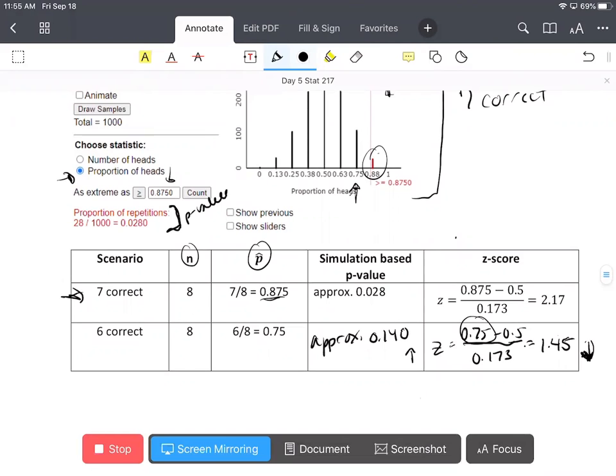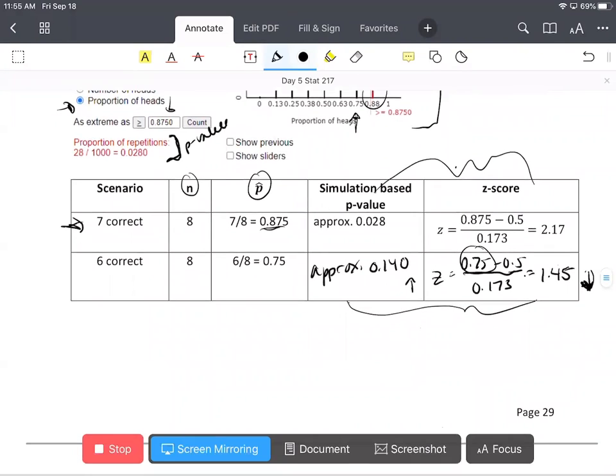So we go from having evidence when we have 7 out of 8. Now, if we look at this and we look back at our tables, this provides both of these. So we already discussed the 7 out of 8. I want to look specifically at a 6 out of 8 correct.